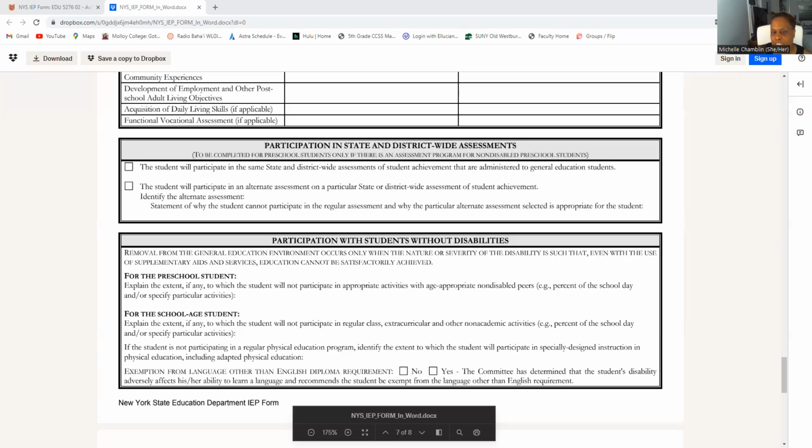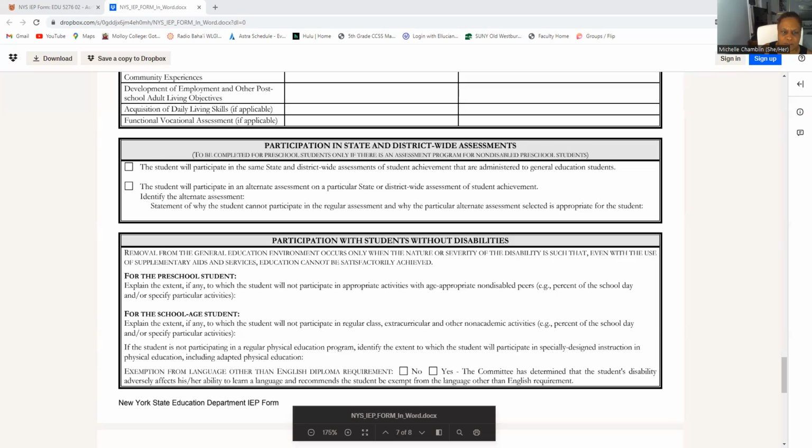They're asking if there's something else, other reasons why they would not be with their non-disabled peers. And then she also got the exemption here. So the committee has determined that the student's disability adversely affects her ability to learn a language, and recommends that she is exempt.